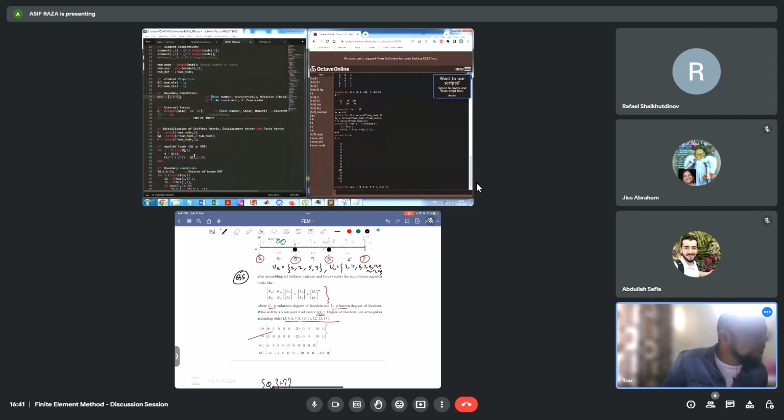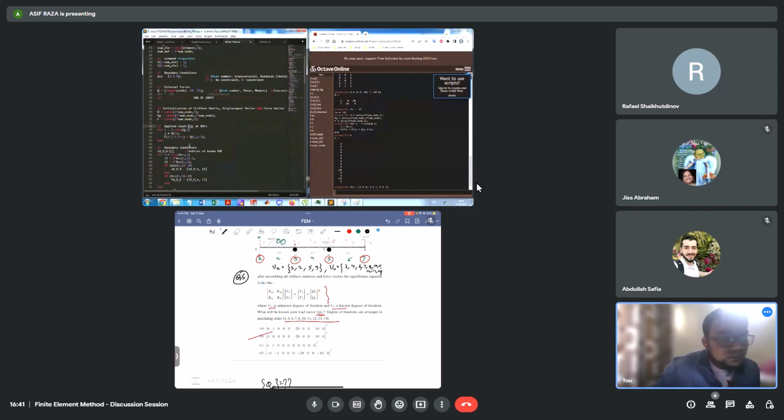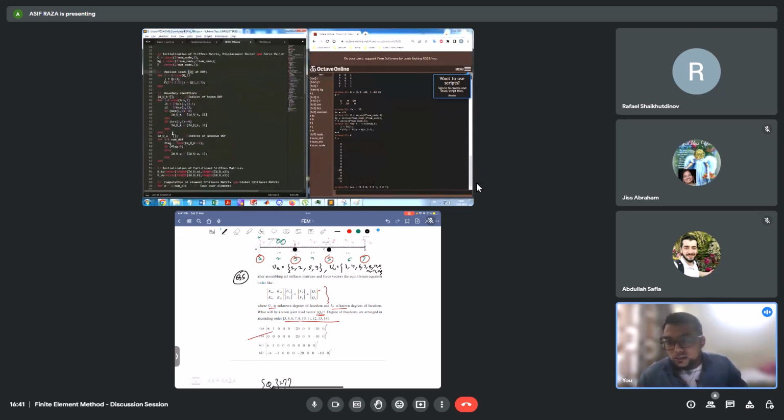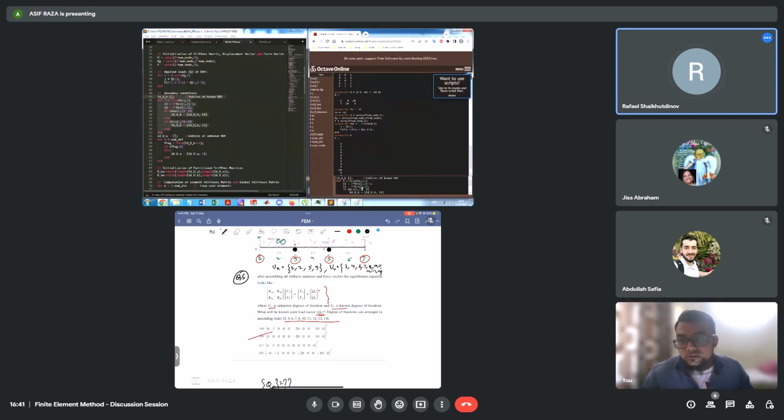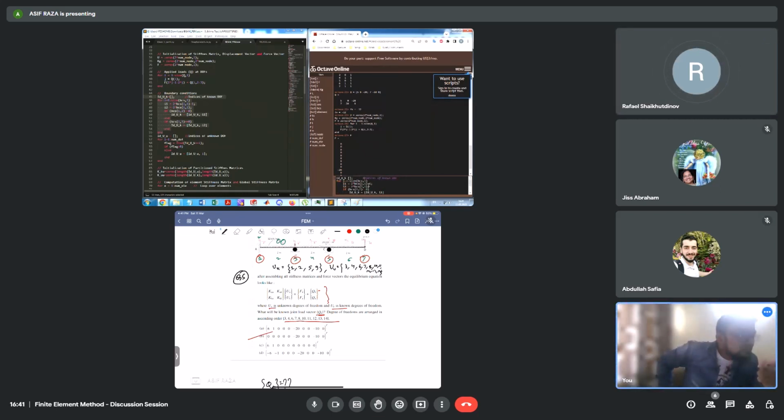Now you just run this command. If you want to do it in MATLAB, you need to correct this with a percent sign.